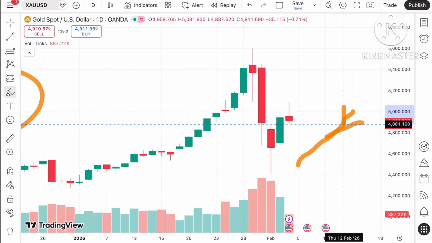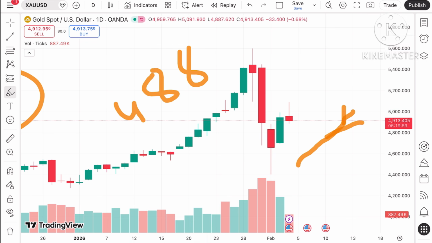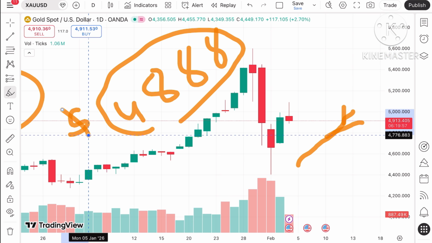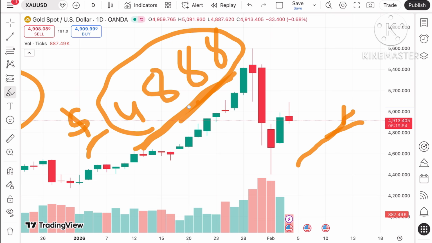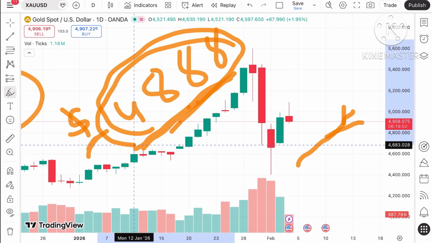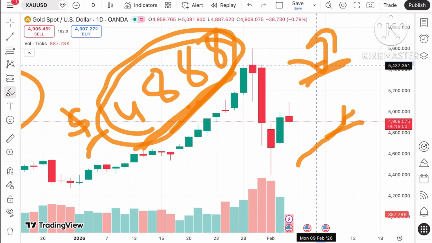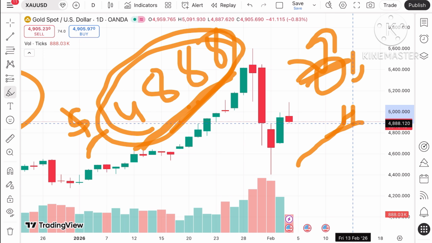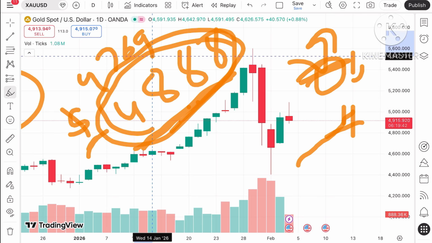If you look at this particular trend, I have clearly mentioned that a strong level is coming at 4888 dollars. Keep this level in mind, so that if the price touches this level, a bounce back can be seen. But if the price doesn't bounce back, the price can go further down, and after that there is a higher chance that it can move towards 4769 dollars.